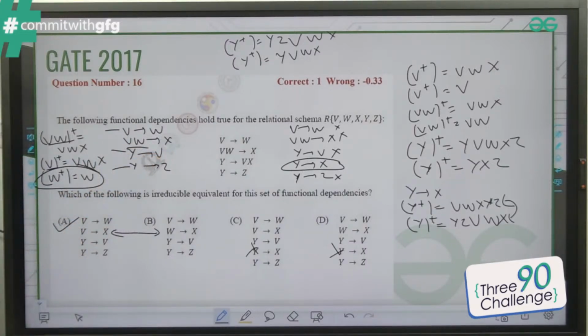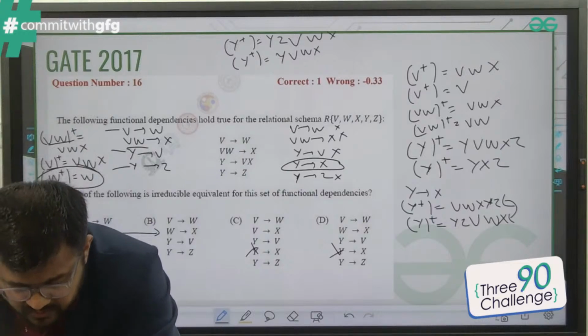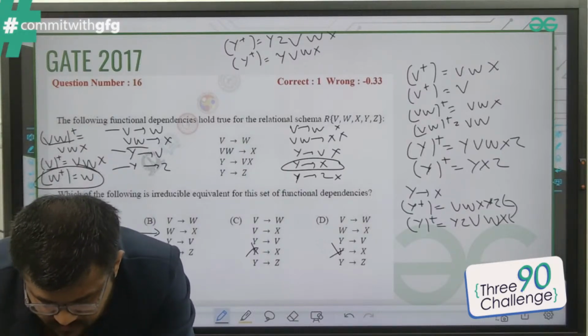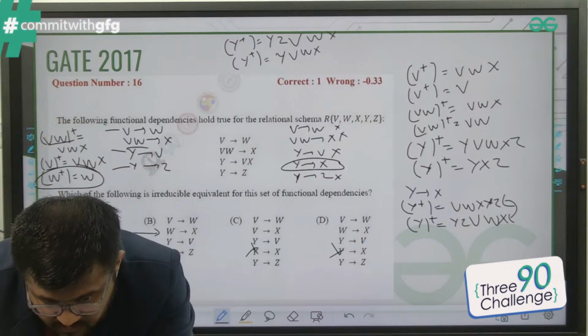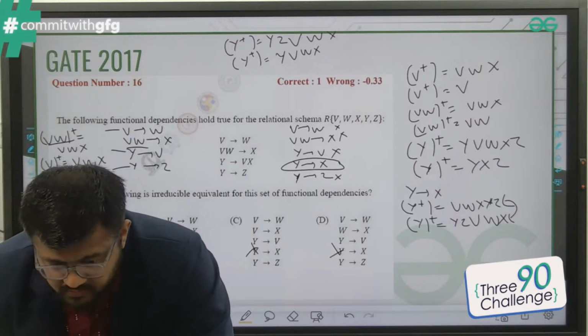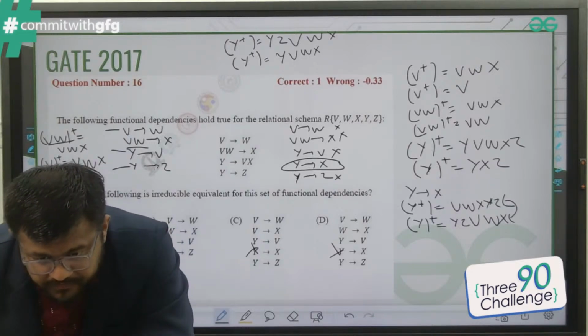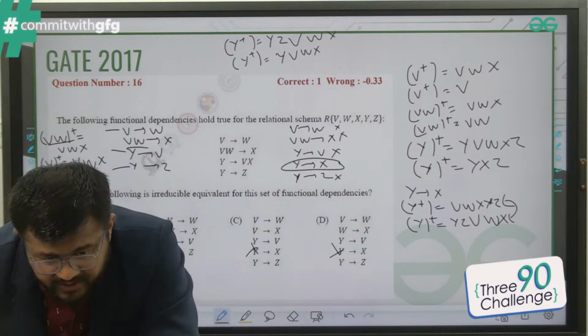Can someone check the answer for this? Following functional dependencies, GATE 2007. Okay, A is the correct answer.